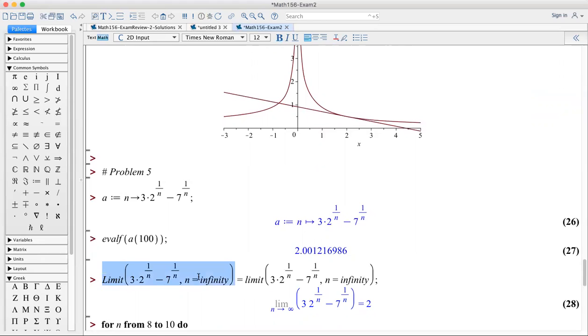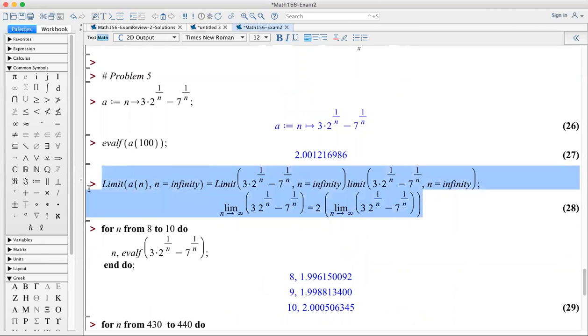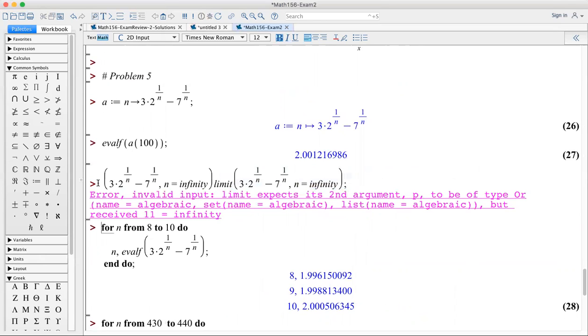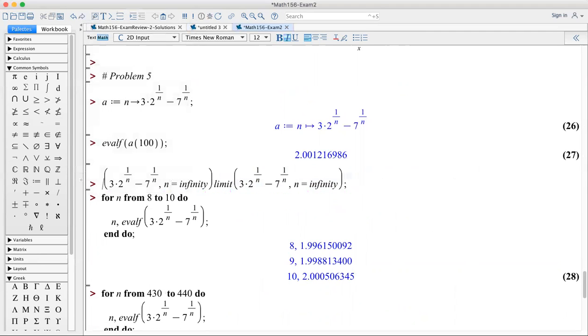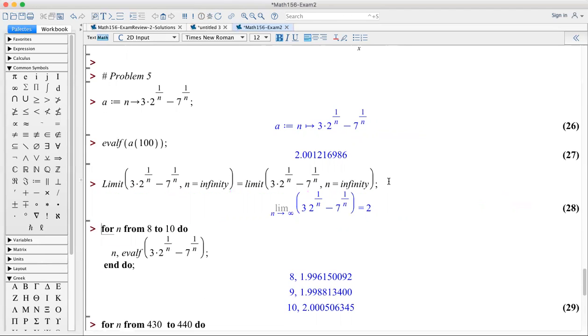I could also, just to make this a little bit clearer, let me see what happens if I write it like this. Oh yeah. So the limit is 2.